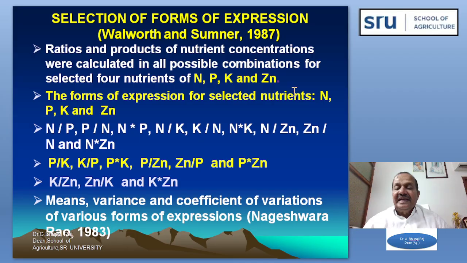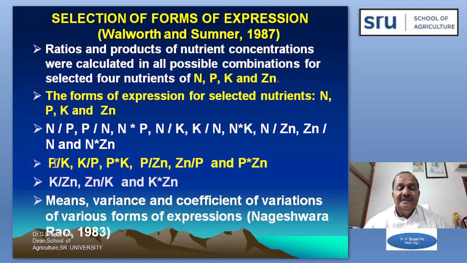Then we go for NK: N by K is one ratio, K by N is one ratio, and the multiplication is one ratio. Likewise N in relation to zinc: N by zinc, zinc by N, and N into zinc. Similarly, this is for nitrogen in relation to phosphorus, potash, and zinc.